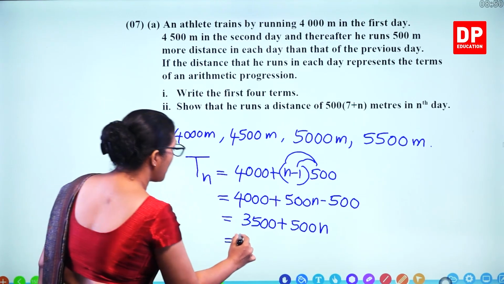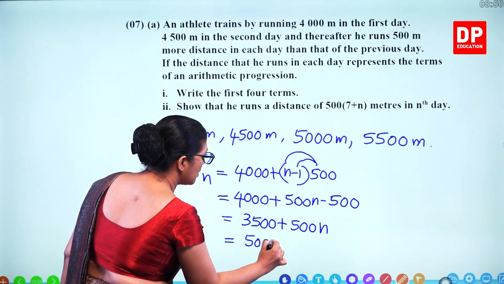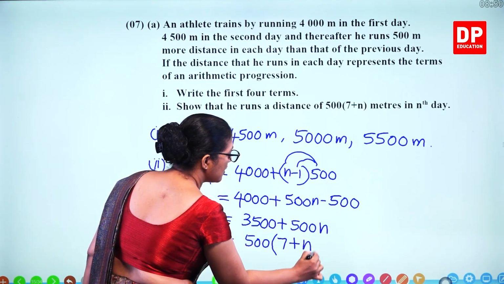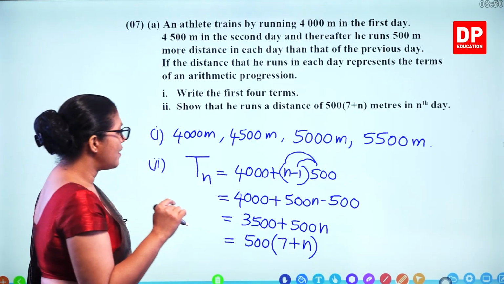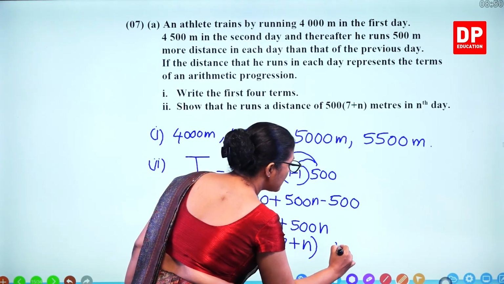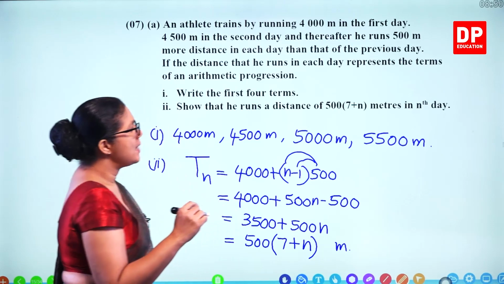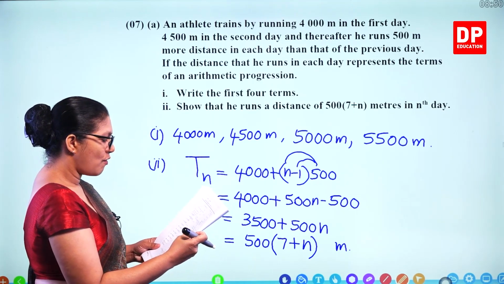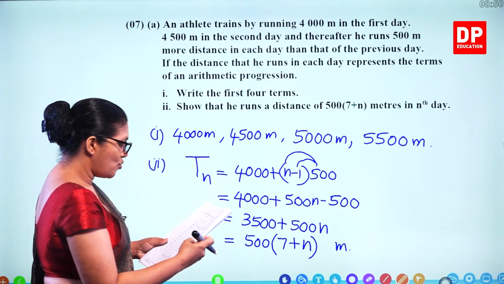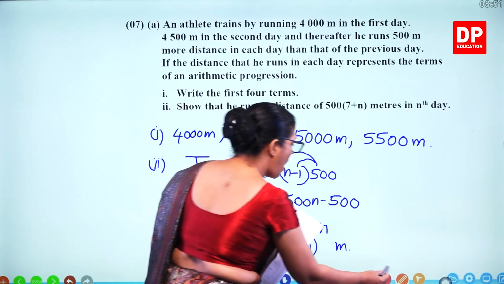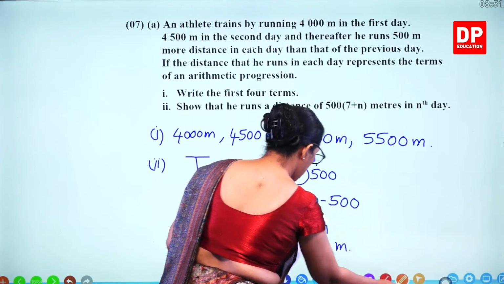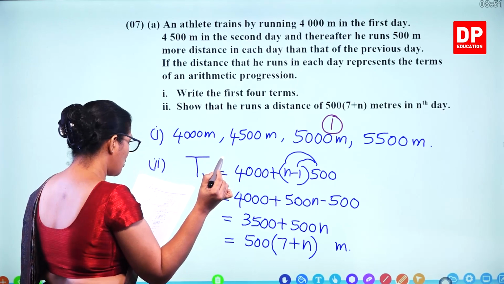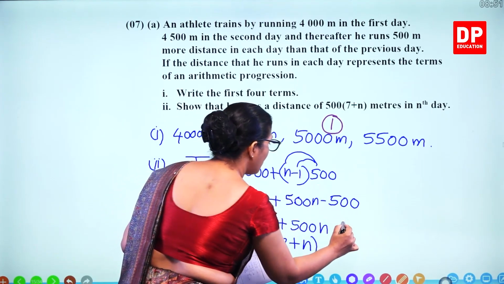So you can take 500 out. So what's remaining is 7 plus n. So that's the given answer. This is about the distance, in meters. So how many marks for this one? You get 1 mark for writing down all 4 terms and 2 marks for this term.